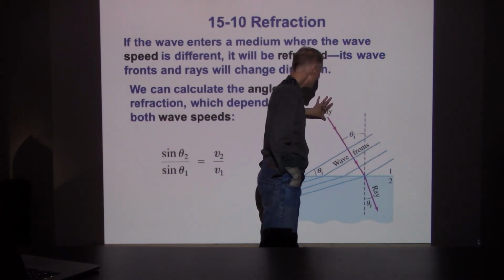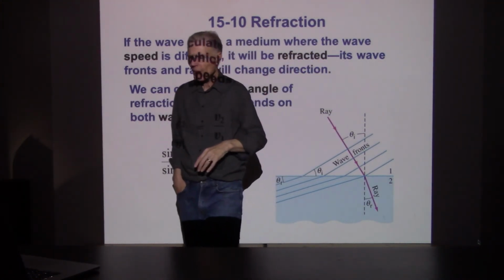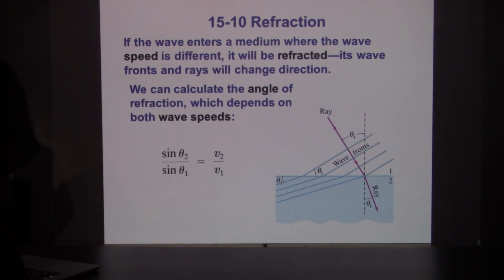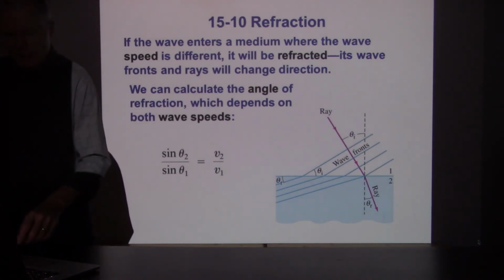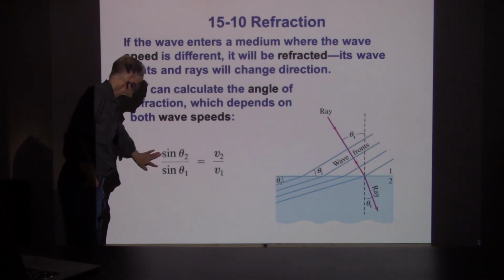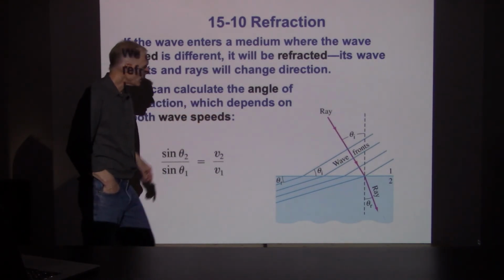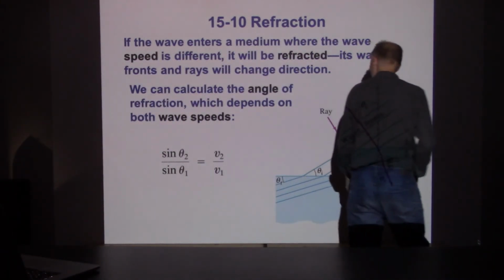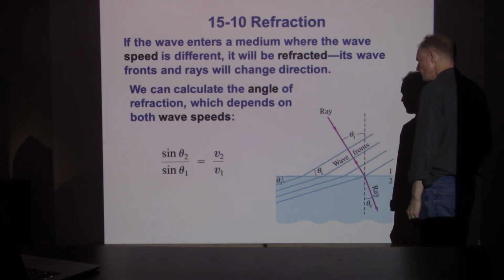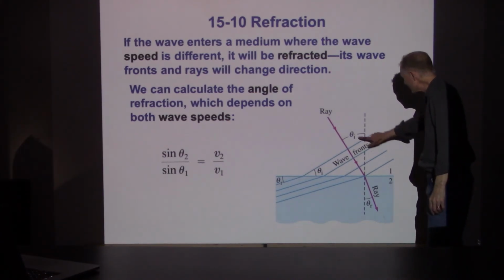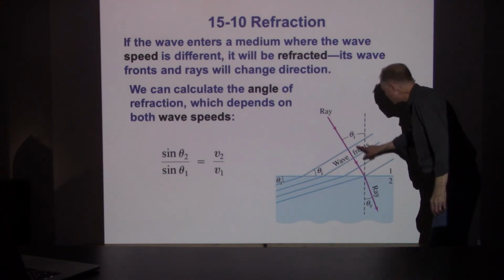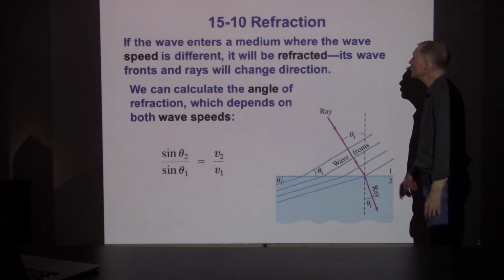So this thing that they call a ray, that's just orienting us as to what direction the energy is being carried by the wave. Now there's a formula here, and we'll derive this in a second, but what we find is that the ratio of the sines of angle 2 and angle 1, okay, so I guess the 1 here means this is theta 1, and then the 2 here means that this is theta 2, but they wrote them as incident and refracted.